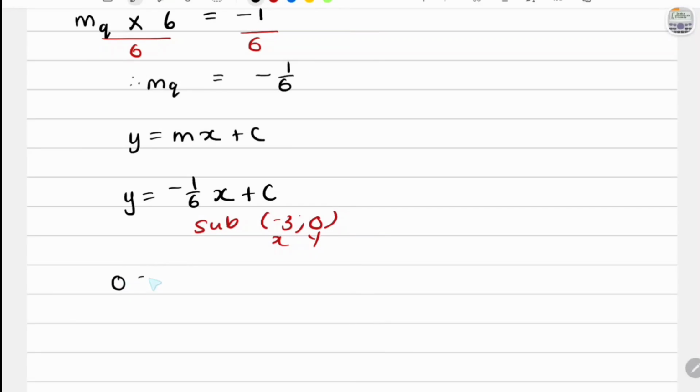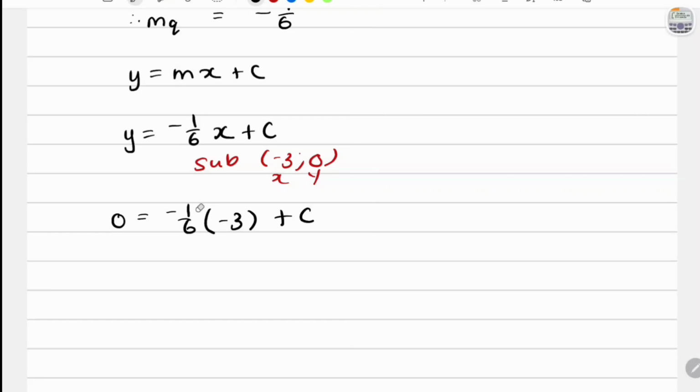So we're saying 0 equals -1 over 6 multiplied by -3 plus c. If you multiply these two together, negative times negative is a positive. 3 times 1 over 6 is 3 over 6, which is really just 1 over 2. So 0 is equal to 1 over 2 plus c, and then take 1 over 2 over to leave c on its own.